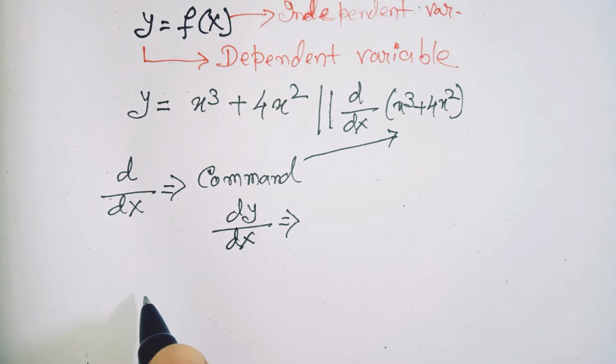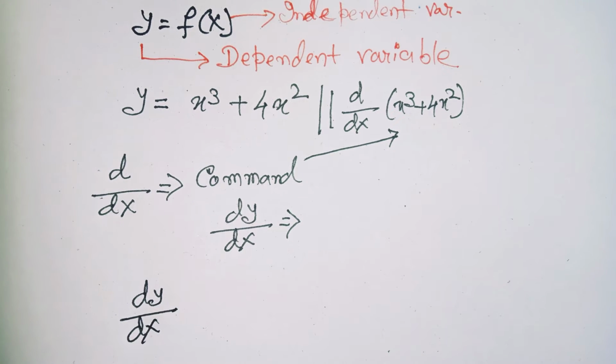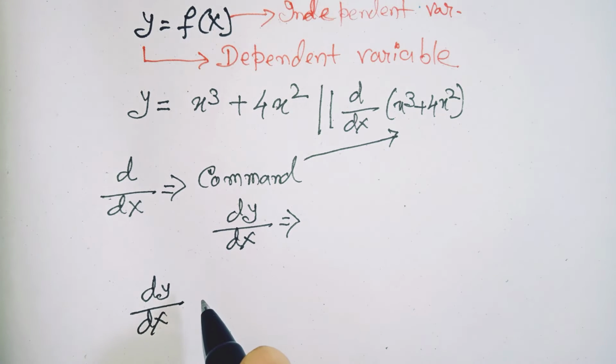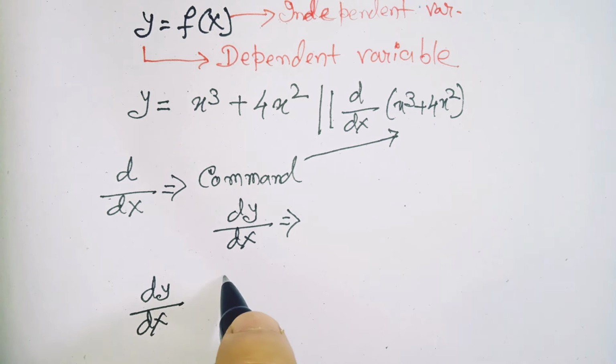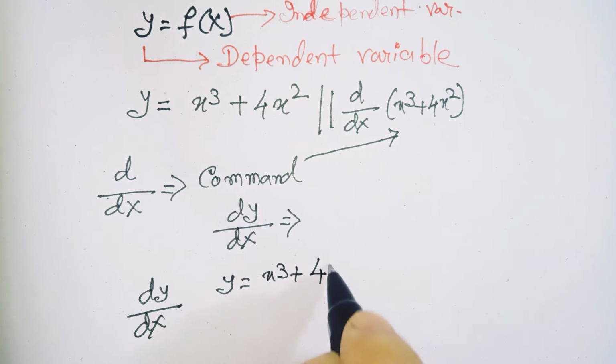Now, when I am finding dy by dx of this particular equation, I write y equals x cube plus 4x squared.